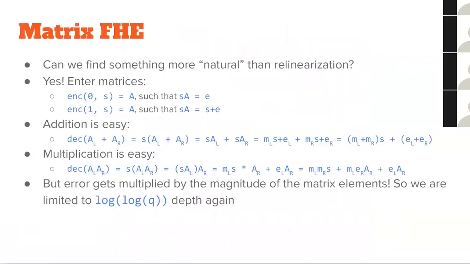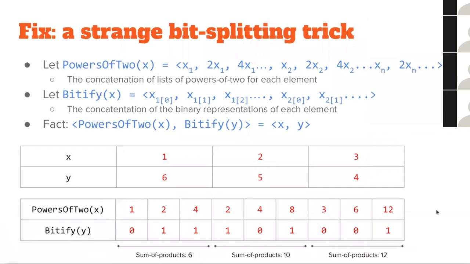So the problem is that you have this EL multiplied by AR, and these AR values themselves get big, and they get bigger every time you multiply. So how do you stop the error from just blowing up? The fix to this problem is a really strange and clever bit splitting trick.